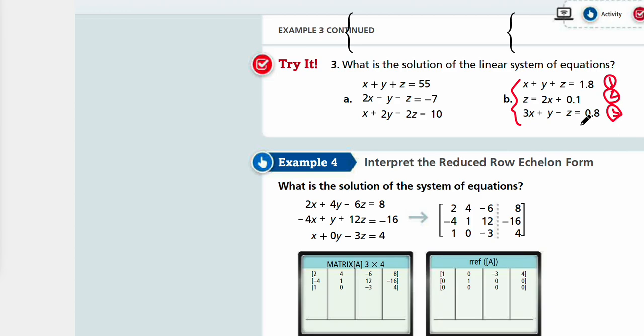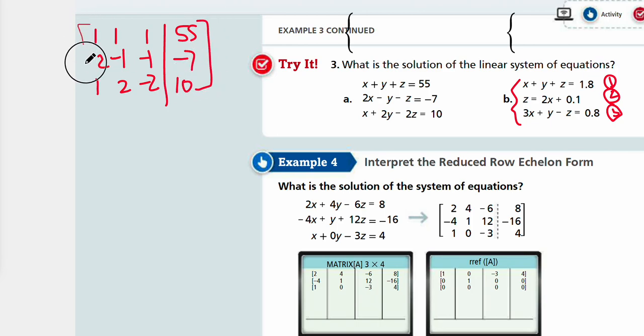Okay, are you ready? So number 3A. Your augmented matrix should be 1, 1, 1, 55, right? So this is the augmented matrix: 1, 1, 1, 55; 2, negative 1, negative 1, negative 7; and then 1, 2, negative 2, 10, right?